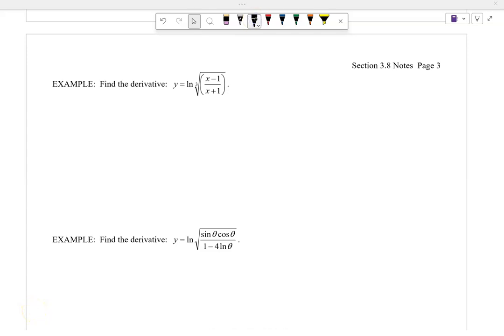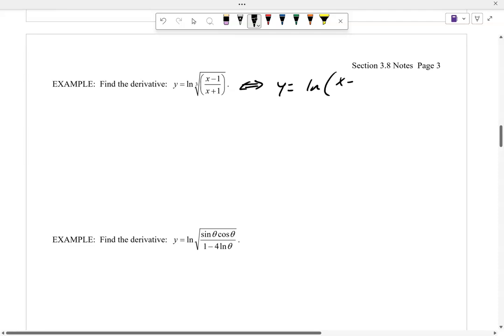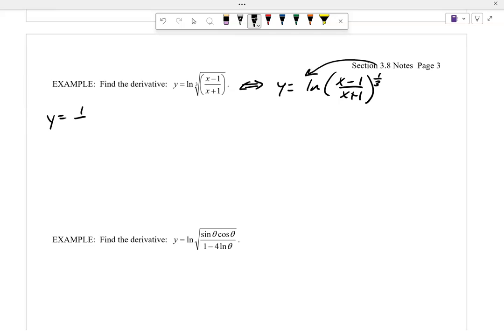Let's go ahead and rewrite this as the natural log of that x minus 1 over x plus 1 all to the 1/3, right? That's a third root. So then we would put that, with that power rule, that 1/3 in front. And then I'm going to use the quotient rule.